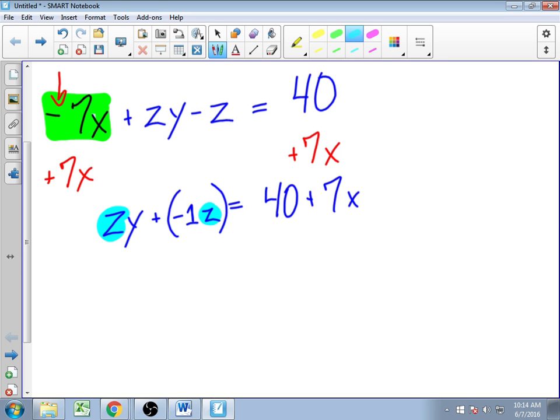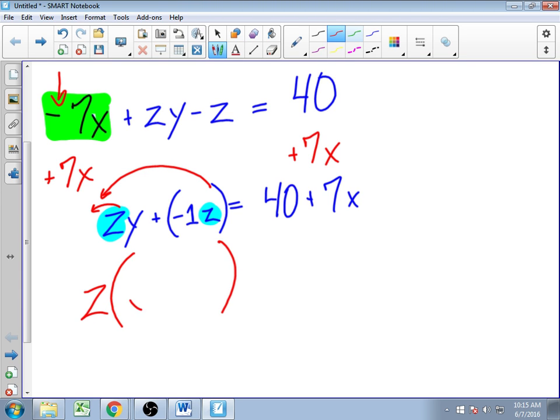Since z exists in both terms, take both terms and divide them by z. But I'm not dividing by z on both sides of the equation. I'm just pulling out the z. Essentially, I'm doing the reverse of the distributive property. I'm going to pull a z out front from there and a z out front from there. So this becomes z times, what would z have to multiply by to get zy?